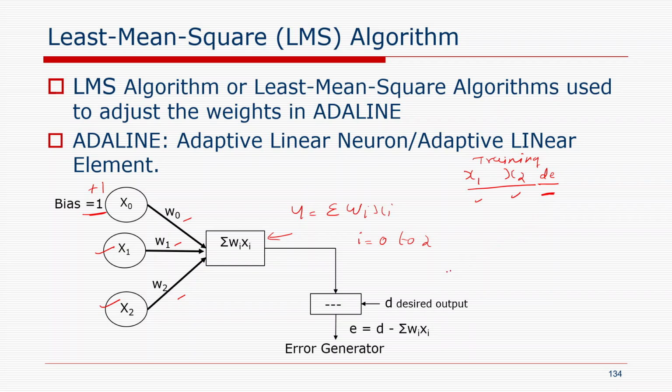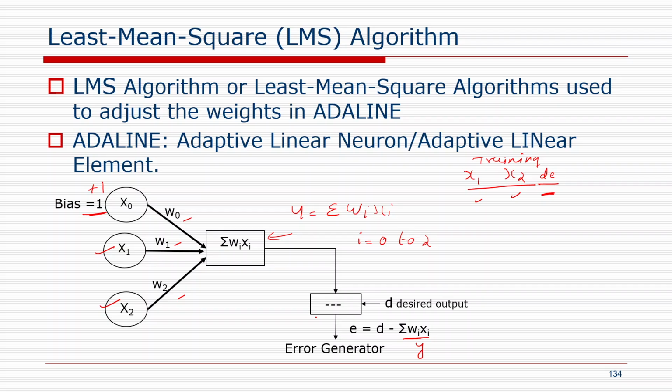But now we pass the input to this perceptron and ask it to do the prediction. The predicted output is the summation of wi xi, which we call y. The error will obviously be the difference between the desired output and y.